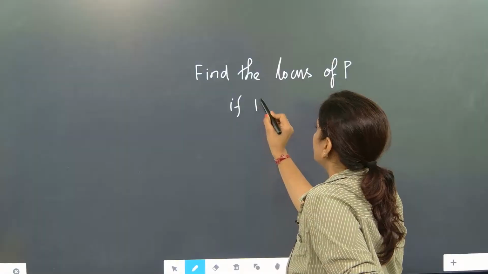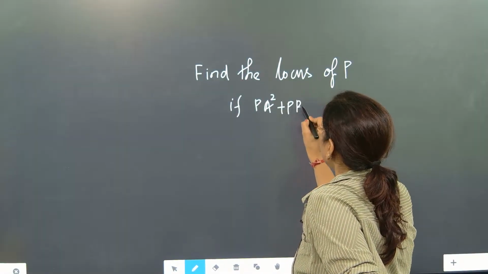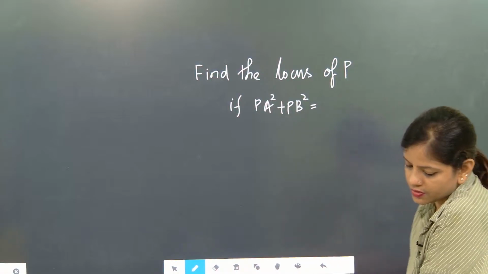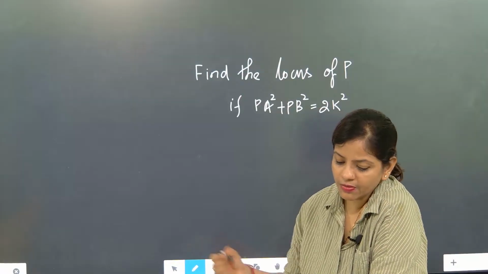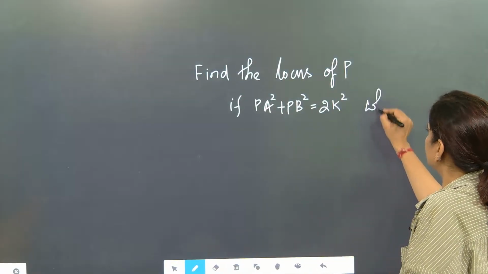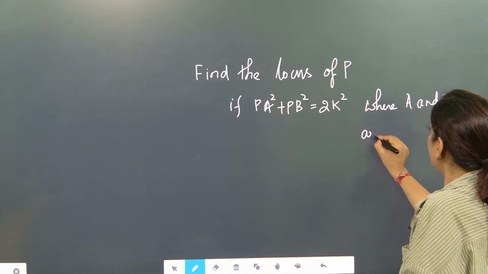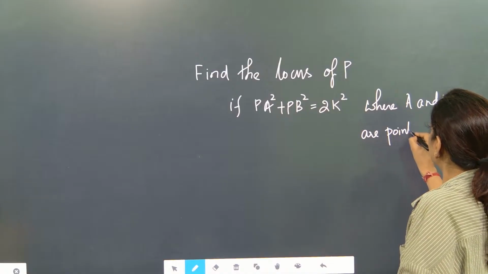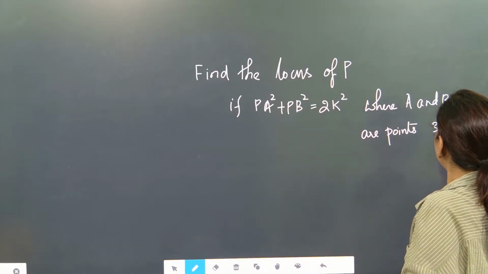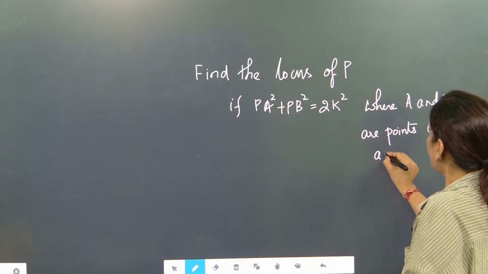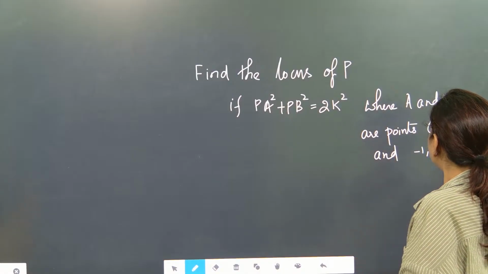So if PA square plus PB square is equal to 2K square, where A and B are points 3 comma 4 comma 5, and the next point is minus 1 comma 3 comma minus 7 respectively.